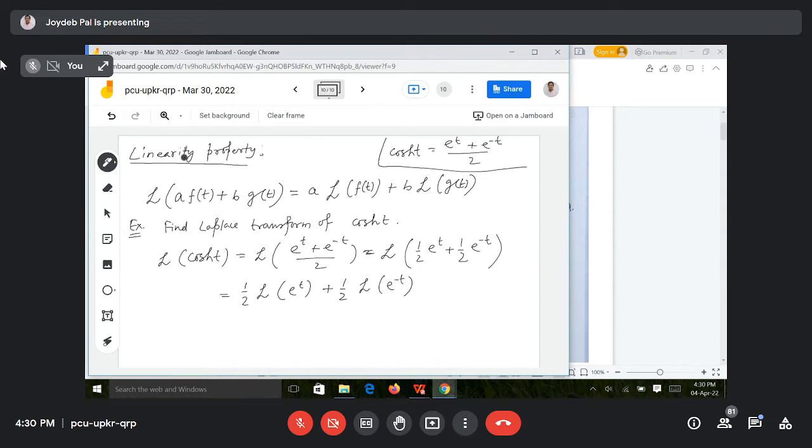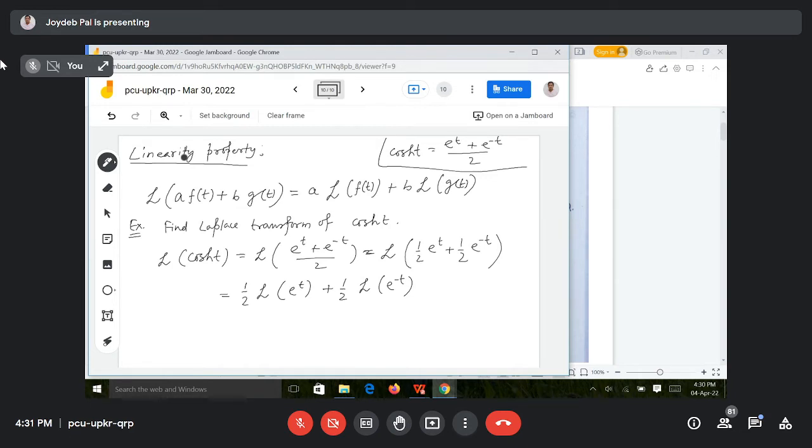Like in differentiation also, you did these things. A constant you can take outside the differentiation. Similarly, differentiation also follows the linearity property. d/dx of f(x) plus g(x), you can write d/dx of f(x) plus d/dx of g(x).